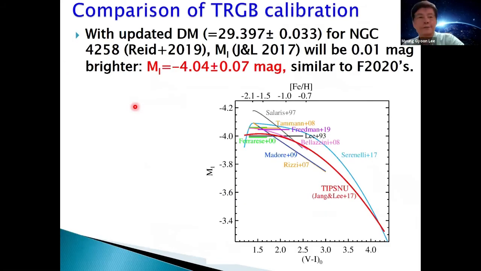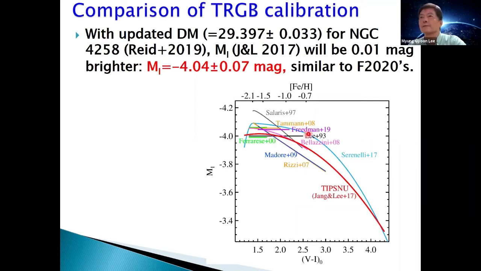So this is a comparison of several TRGB calibrations from observations and theory. The black line is our old calibration, minus 4.0. And the red one is our new calibration. Very similar, with a little change between Lee 1993 and Jang and Lee 2017.